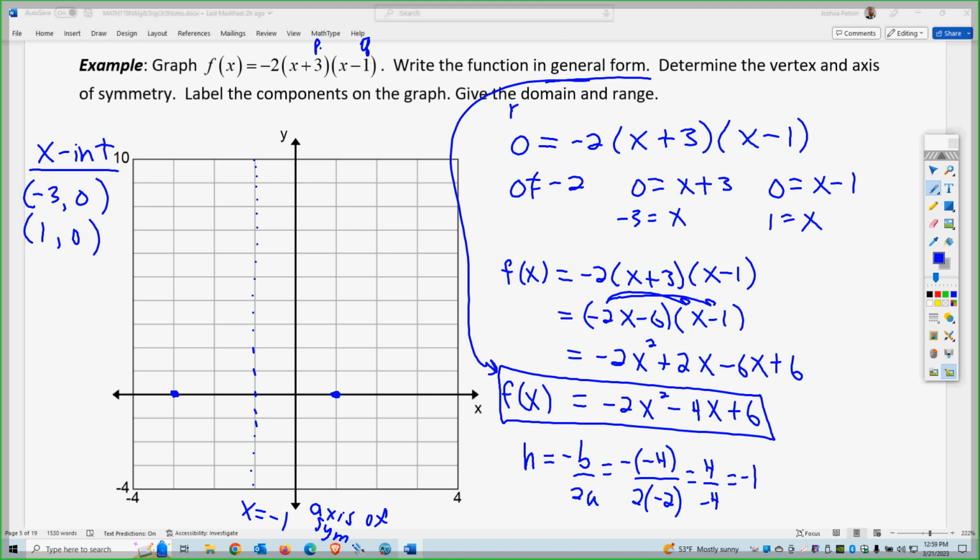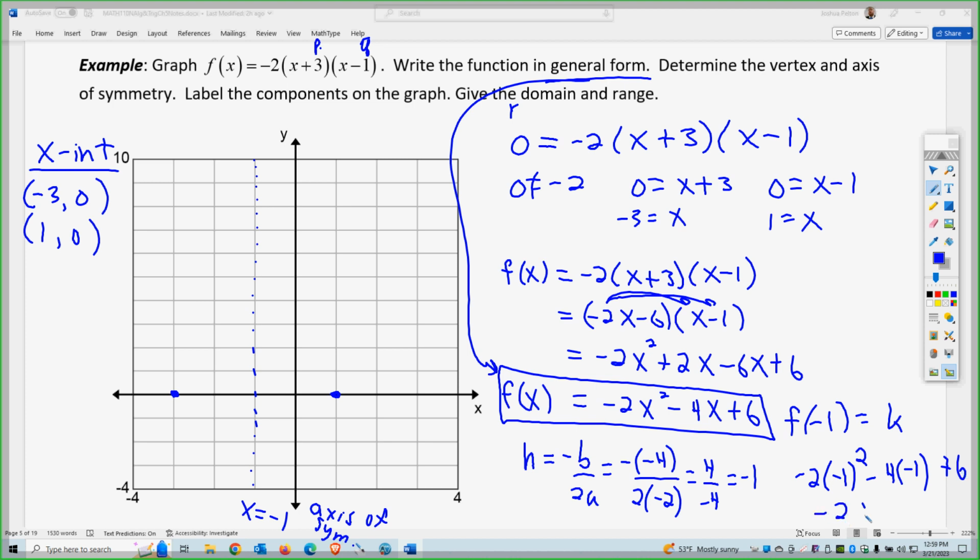We can get our y value now by plugging it in, right? So f of -1 will be our k value for the vertex, right? So we have -2 times -1 squared minus 4 times -1 and then plus 6, right? So that's going to be a +1.